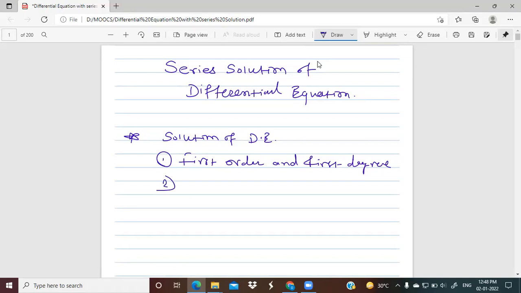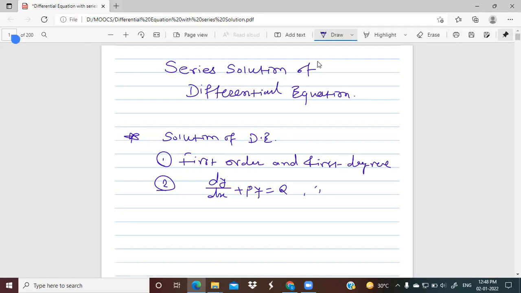One more is the linear differential equation of first order and first degree in this form: dy by dx plus Py is equal to Q, where P and Q may be constants or functions of x.